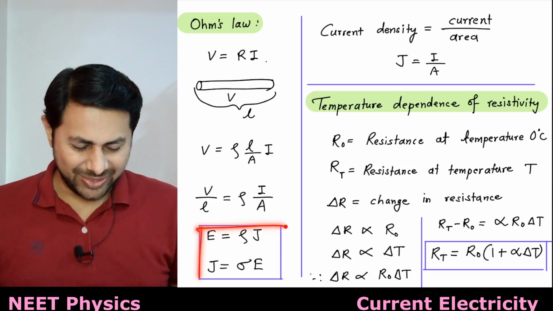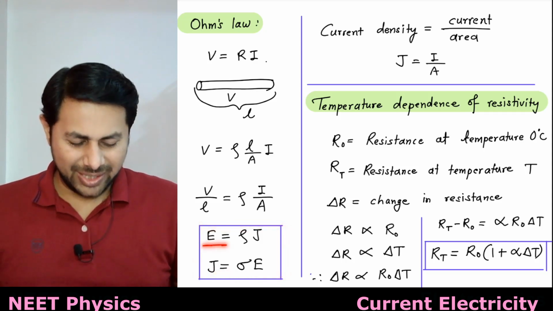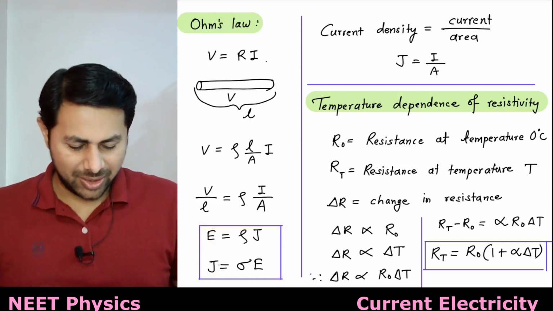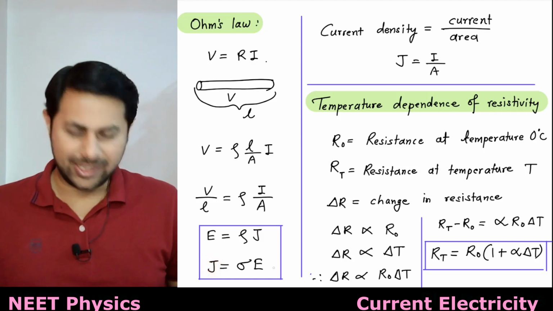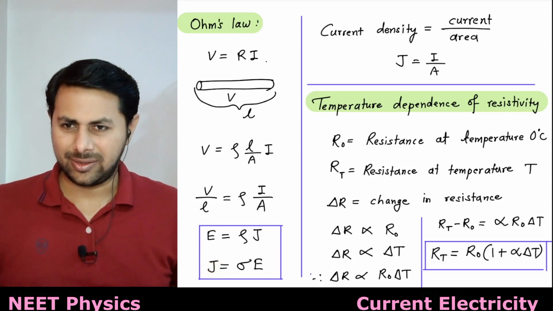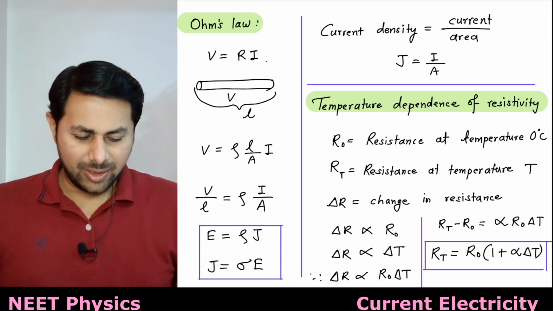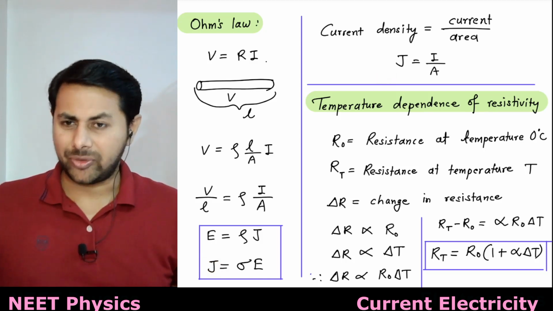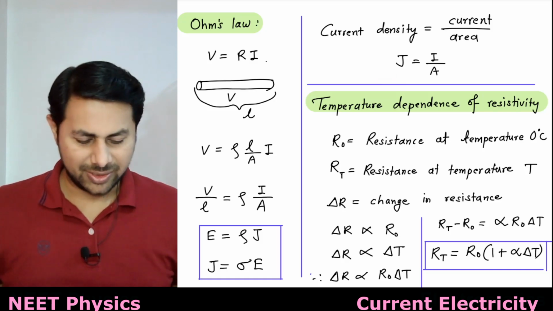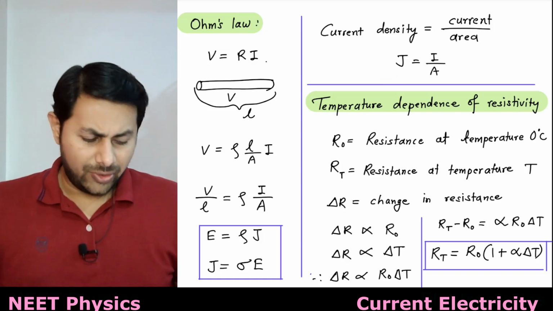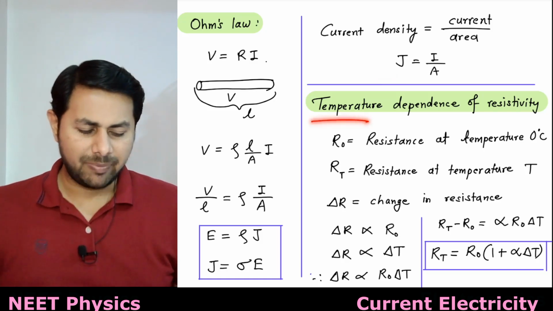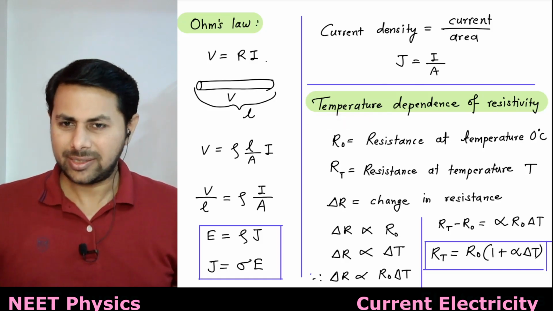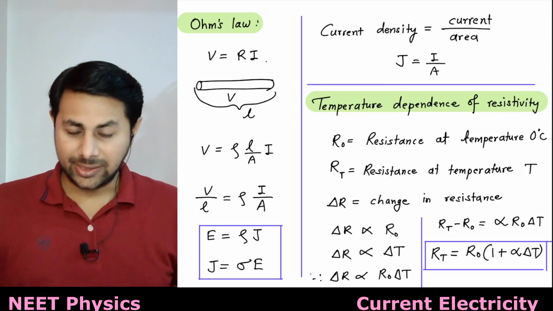So E is equal to rho times J, or J is equal to sigma times E, where J is the current density, the current flowing per unit area of cross section, right? After that, next is the temperature dependence of the resistivity or resistance.